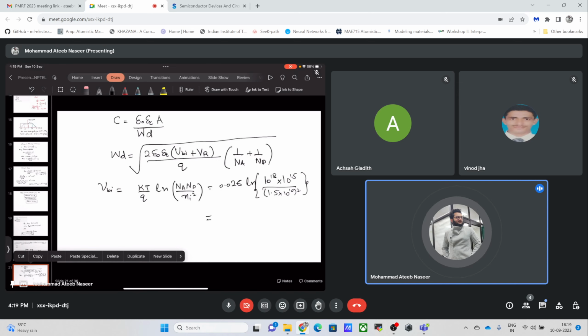It came out to be 0.757, or approximately 0.76 volts. This is the value of VBI.